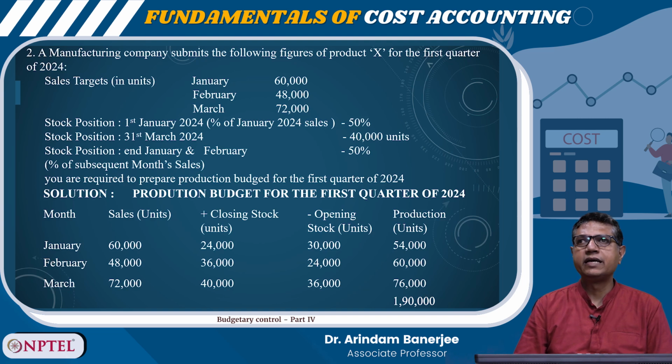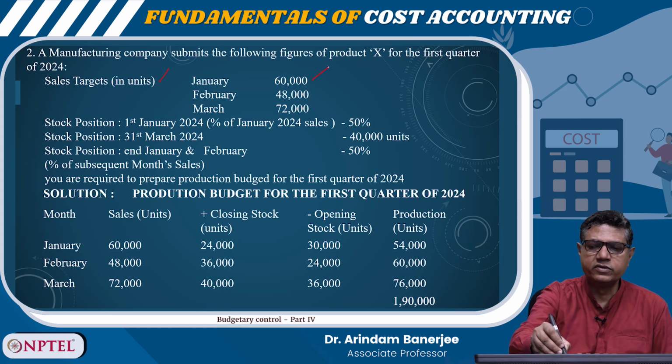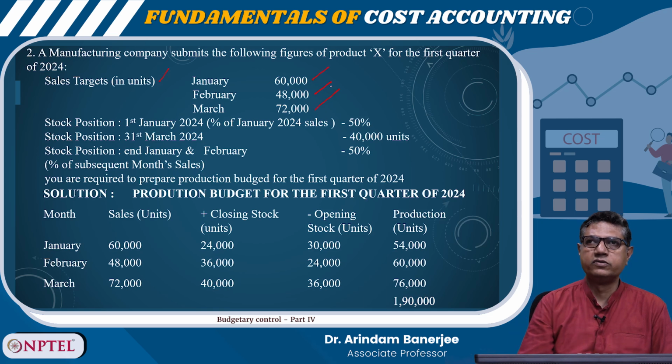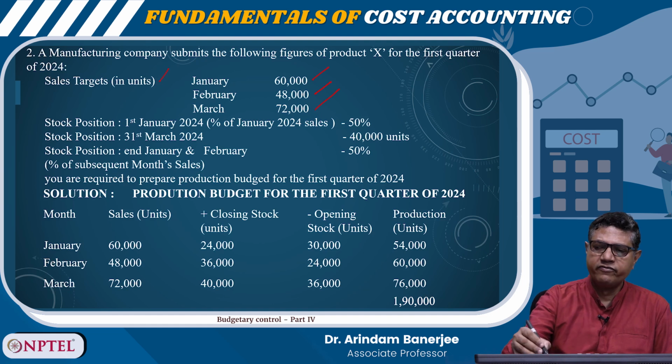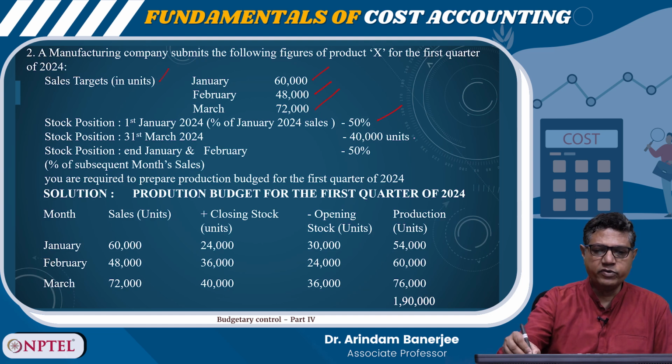A manufacturing company submits the following figures of product X for the first quarter of 2024. The sales targets in units: January 60,000, February 48,000 and March 72,000. Stock position on 1st January 2024: 50% of 2024 sales. Stock position on 31st March 2024: 40,000 units.